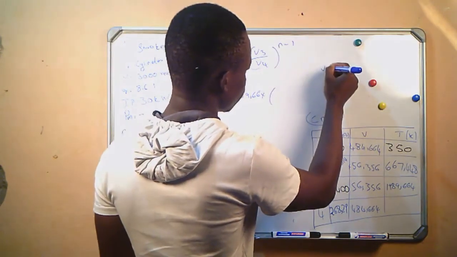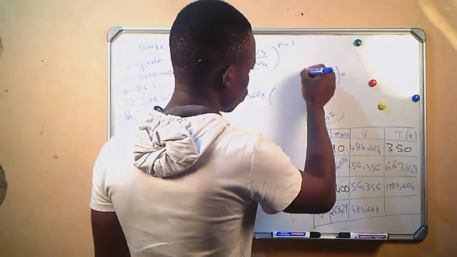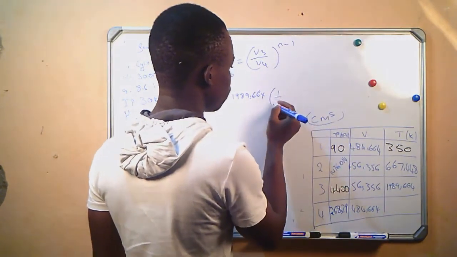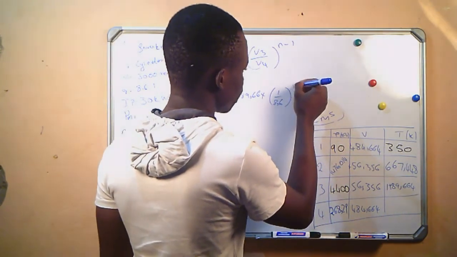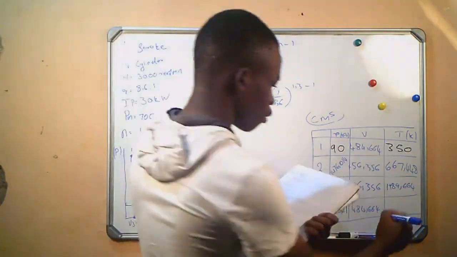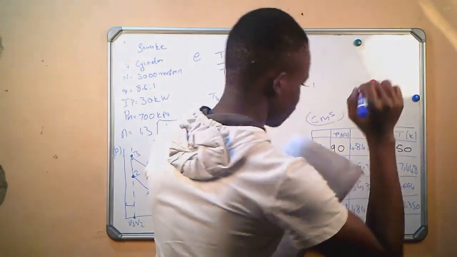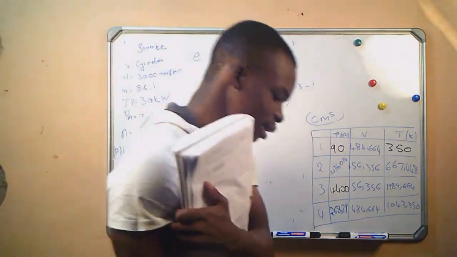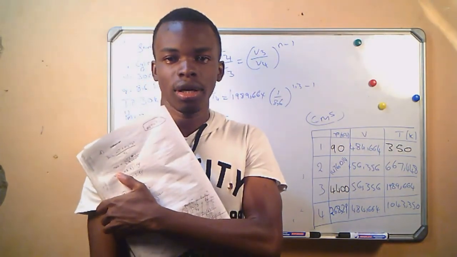We know V3 is equal to V2 and V4 is equal to V1, which is the inverse of the ratio. And we are going to say 1 divided by the ratio raised to the index minus 1, which will give us a temperature of 1043.350, and that's our value of T4. And it's the end of our question. I will see you on the next lesson.